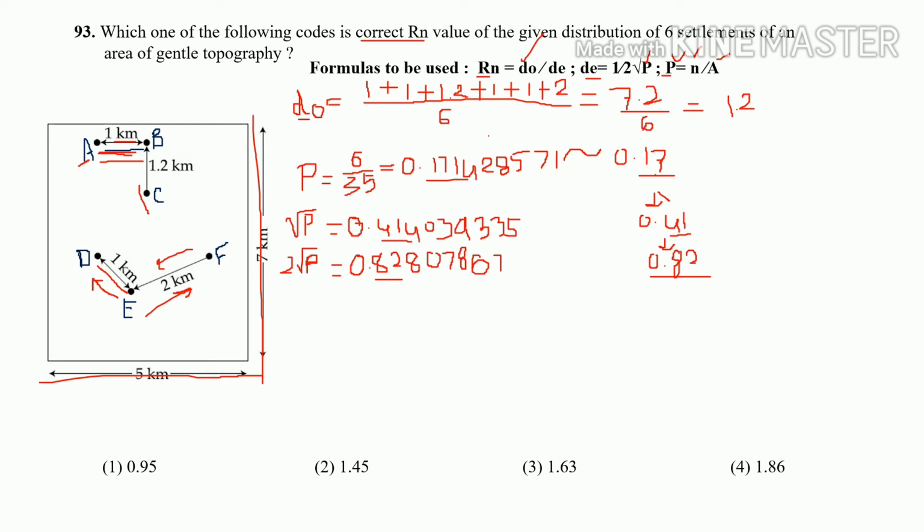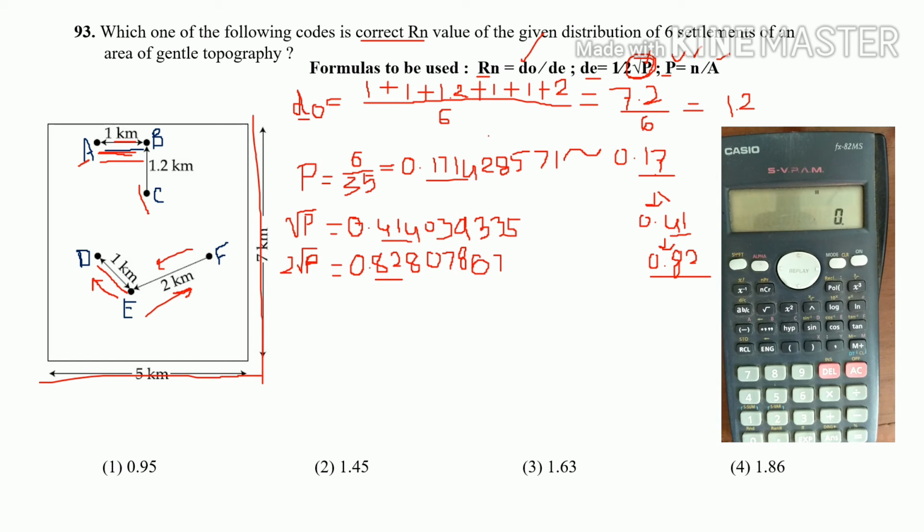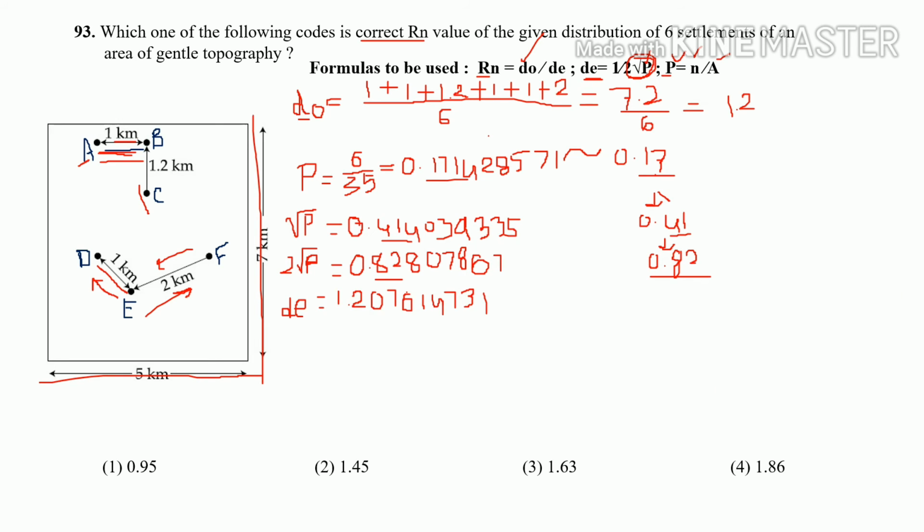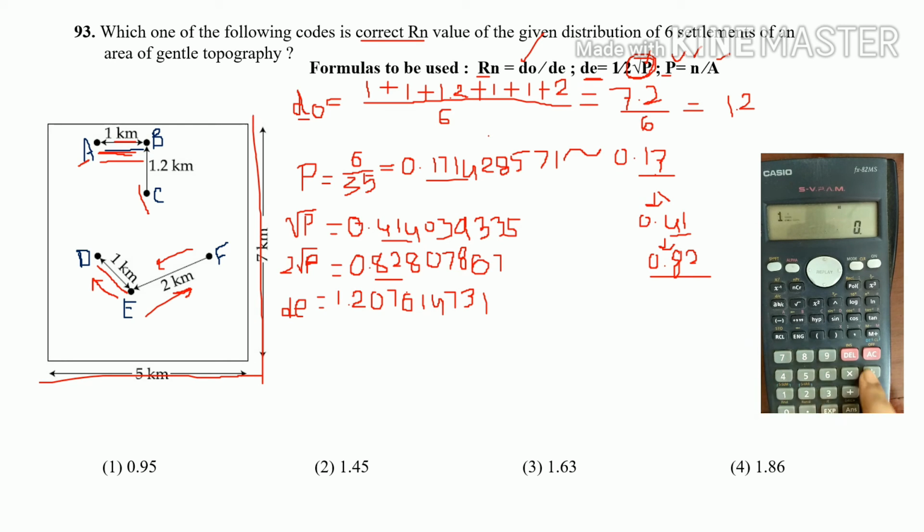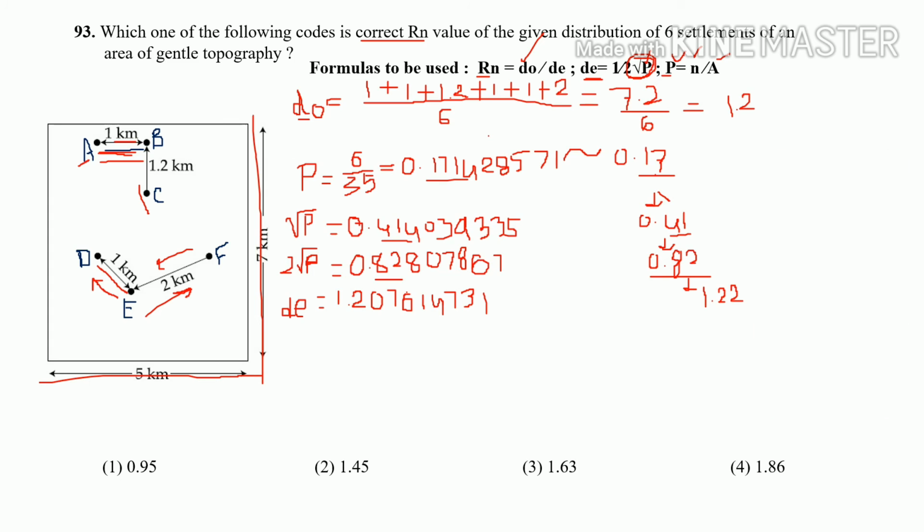So next step, we have got 2 root P, so we can calculate DE now very easily. So DE will be 1 over 2 root P, and with the rounded off value we get somewhat 1.22.